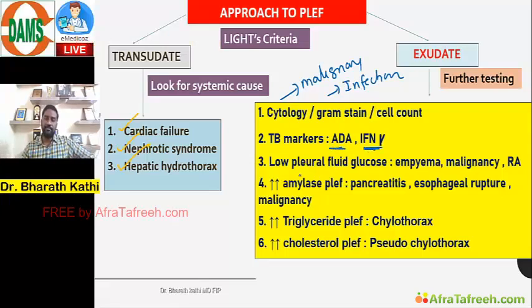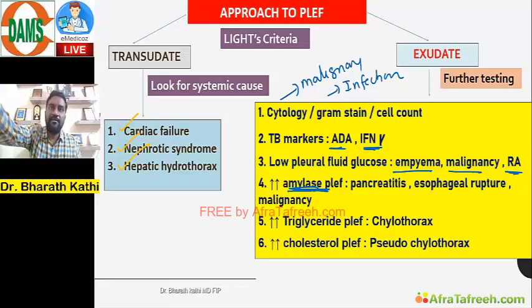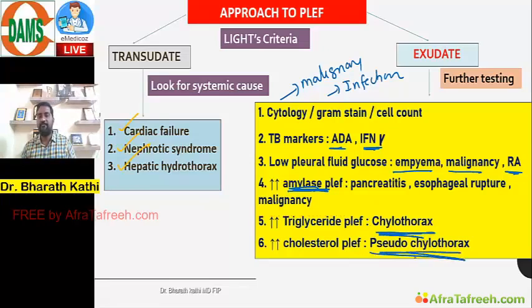Low glucose pleural effusion can be seen in empyema, malignancy, rheumatoid arthritis related pleural effusion. Increased amylase pleural effusion in pancreatitis, esophageal rupture, malignancy, and increased triglycerides can be seen in chylothorax, and increased cholesterol effusion can be seen in pseudochylothorax.